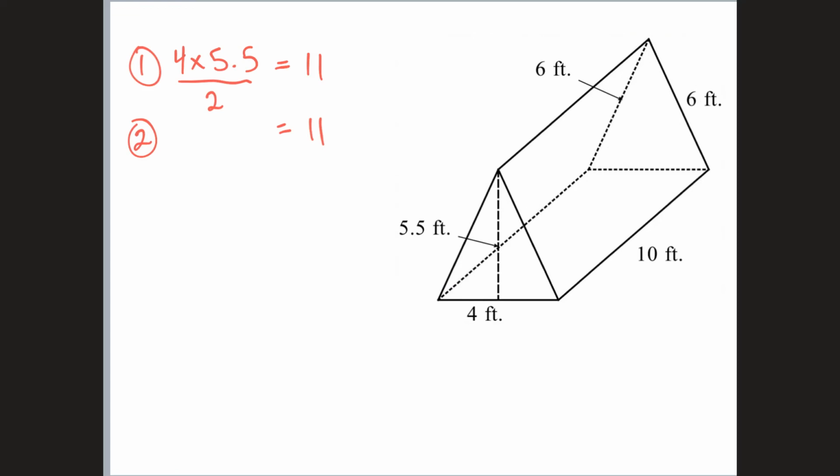How about side number 3 becomes this here. That bottom part, that is 4 times 10. 4 times 10 is 40. So side number 3 would be 4 times 10, which is 40.